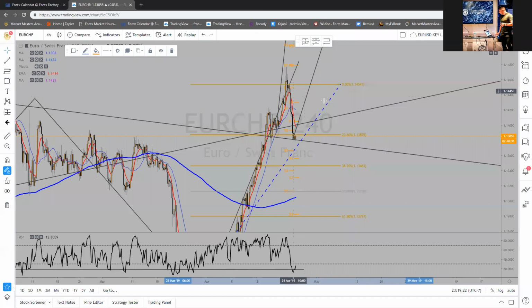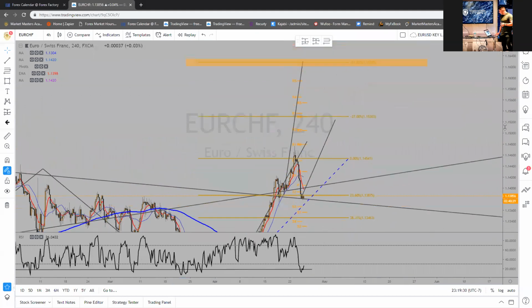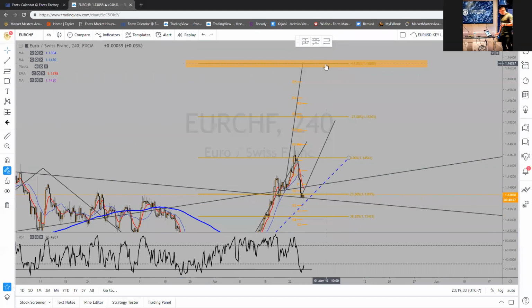It's around that 500 mark, you guys can see that. But then if it continues to ride up to where that main target's at, this is a really high target.